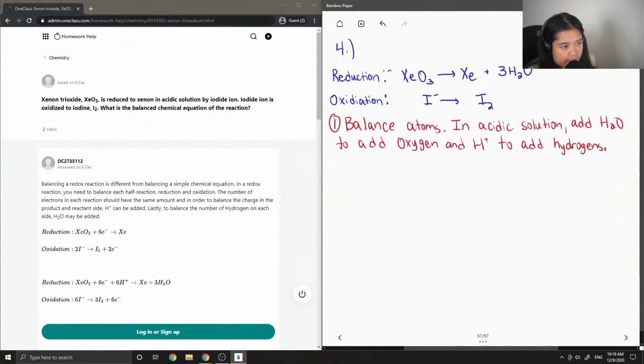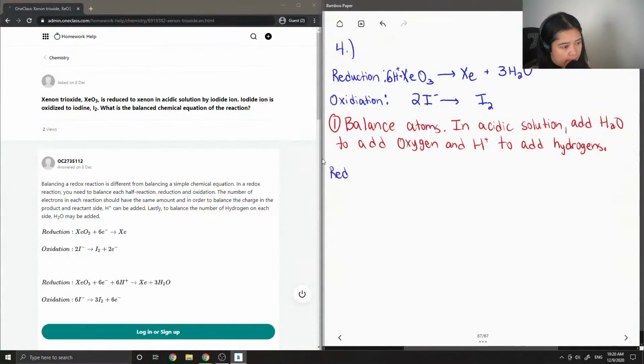So I need to add 6H+ to our reactant side. Okay, so now those atoms are balanced. In the case of the second line, there are 2 iodines in our products, so I just need to write a coefficient of 2 in front of the iodide ion.